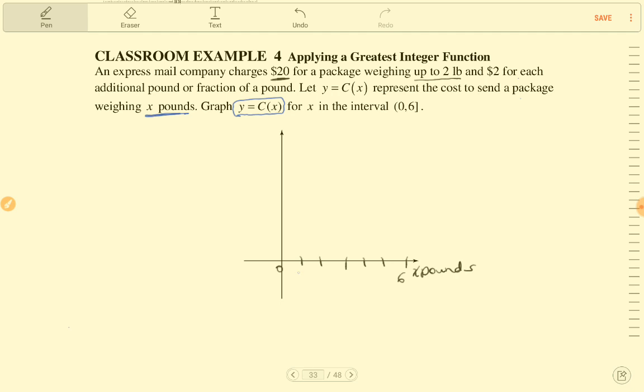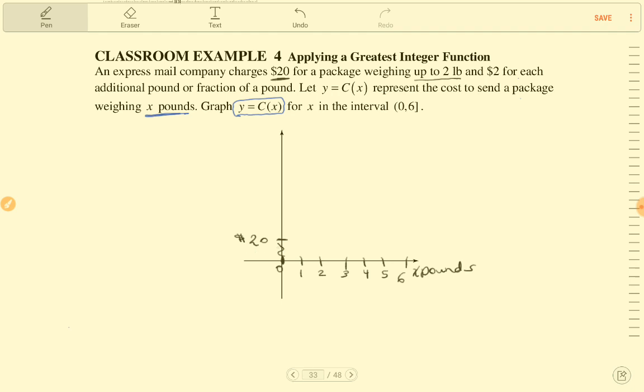So starting at just slightly more than 0 pounds all the way up to 2 pounds, I'm going to have a starting cost of $20. Right, so we'll put a little squiggly here to show that we are actually not starting our y-axis at 0.